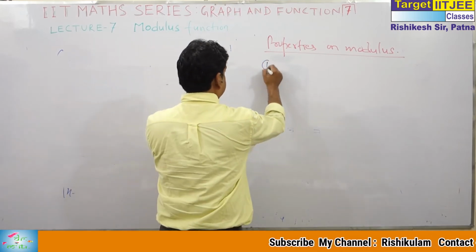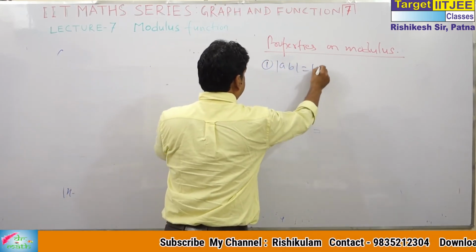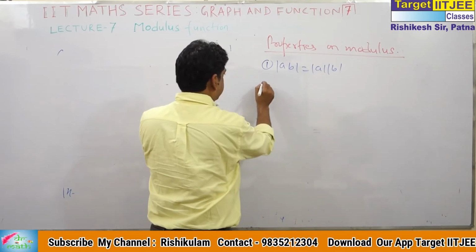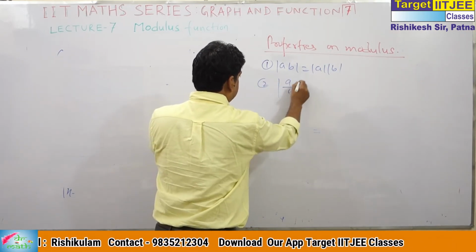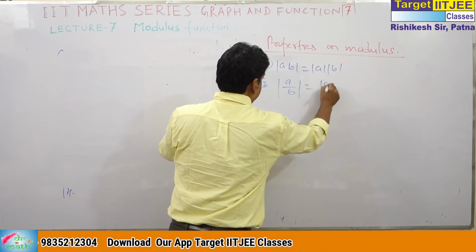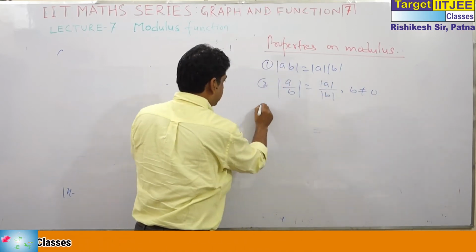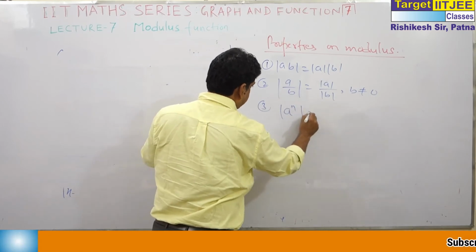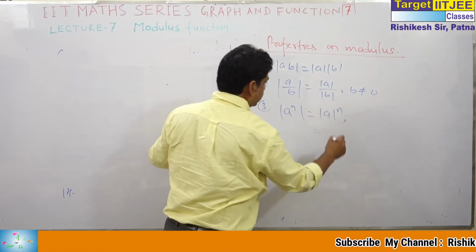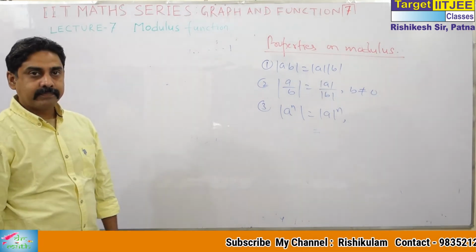Number 1, mod A into B is mod A into mod B. Number 2, mod A by B is mod A by mod B. B should not be equal to 0. Number 3, mod A to the power n is mod A to the power n. This is the third property.